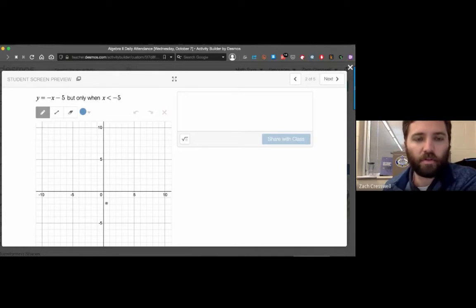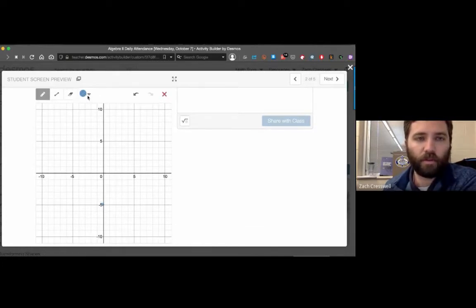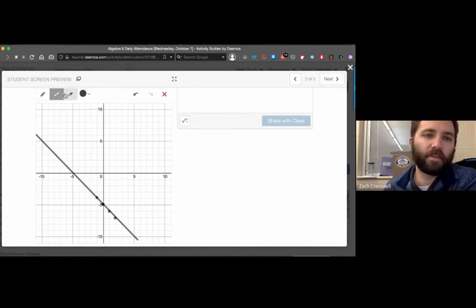So I'm going to plot the y-intercept right here. And then I have a slope of negative 1, so that means go down 1 over 1, or left 1, up 1. Either way, you end up with this line right here, more or less. And so there's our line.